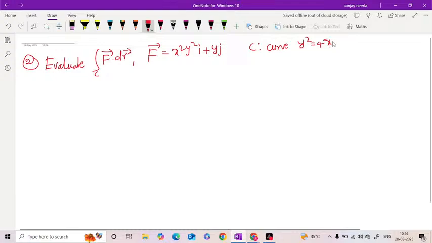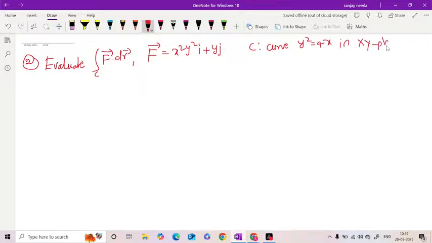The previous one was y is equal to x square, and here the curve is y square is equal to 4x. It is also a parabola in the xy plane, and the points are from 0, 0 to 4, 4.